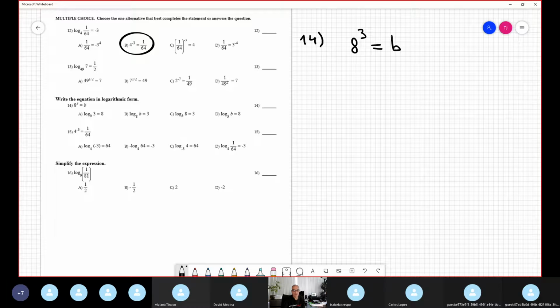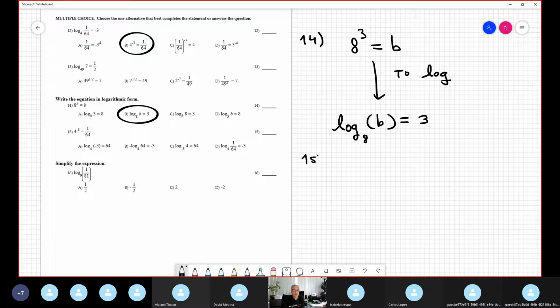How are you switching to logarithmic? Well, you write the word log, and you put a small number that corresponds with the base, which is a. You put b inside the argument, and the result of the logarithm always is the exponent, 3. Logarithm base a of b equals 3. Boom, option B.